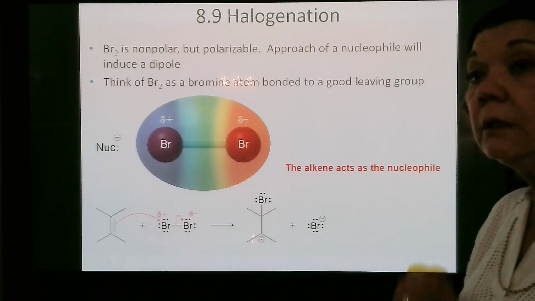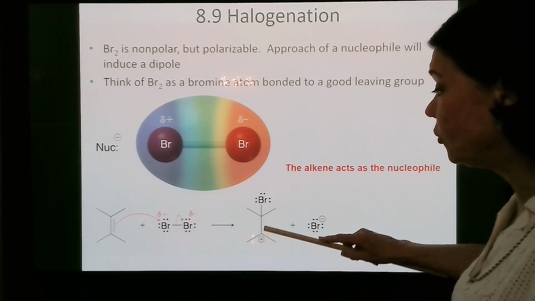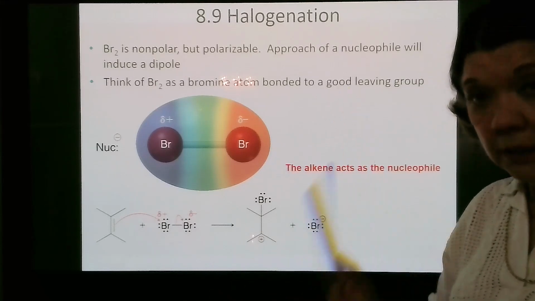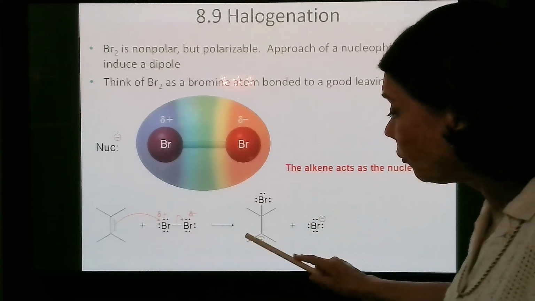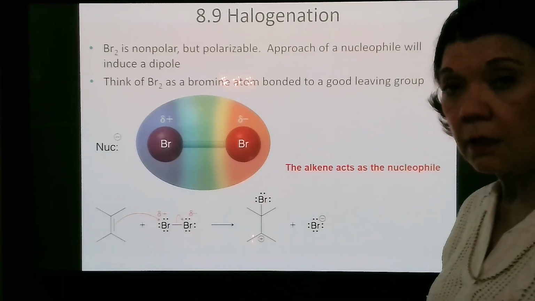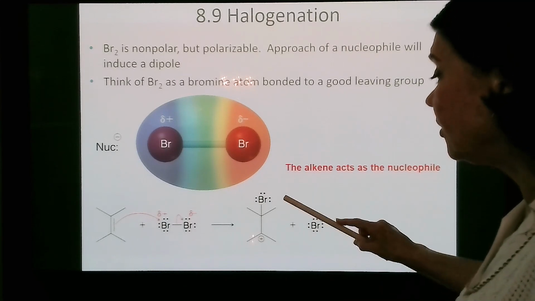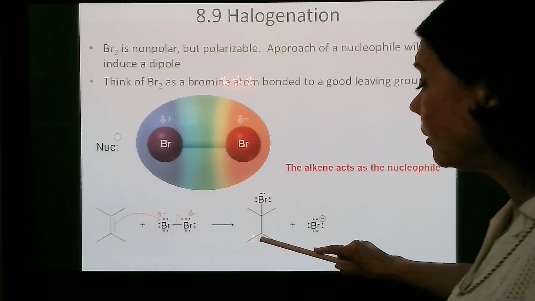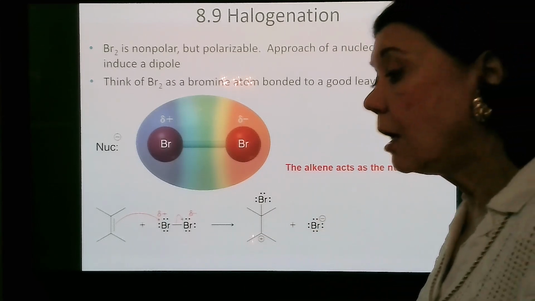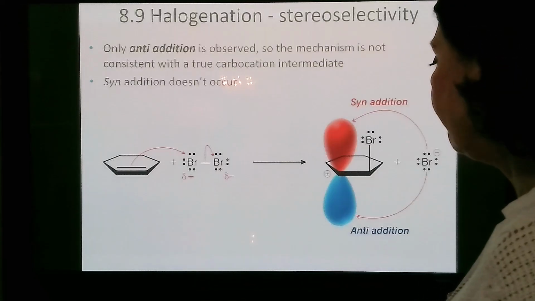But usually not. They have to be really stable situations. So for most cases, it would be incorrect to draw this intermediate. You would not have a carbocation intermediate unless it's an unusual situation where the carbocation is unusually stabilized. Okay, I don't want you to get confused here.